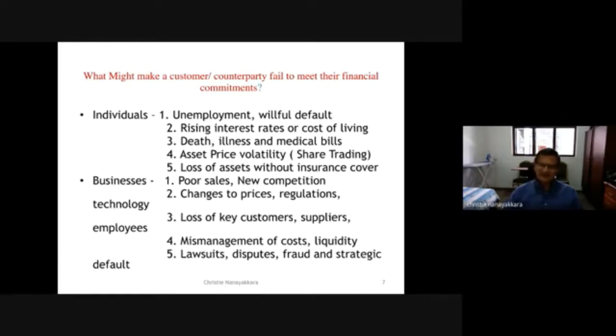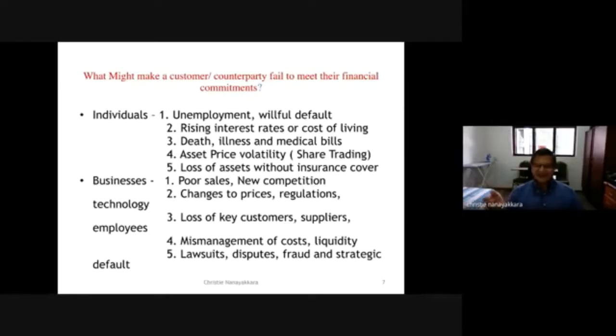Until you find new customers, you are unable to produce and sell your stuff. During that time you are unable to pay your loan commitment, then banks will have credit risk. So businesses could be affected by loss of key customers, their mismanagement, liquidity, lawsuits, disputes, frauds, or any other strategic default, and as a result businesses will collapse, and the money given to those businesses as credit facilities, you may not get back, and then you will have a credit risk.